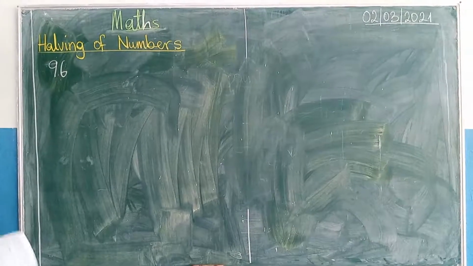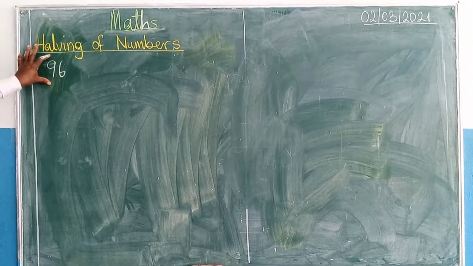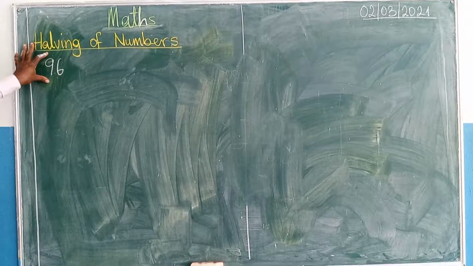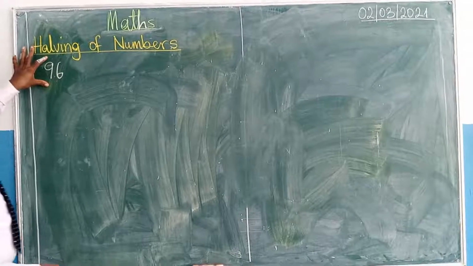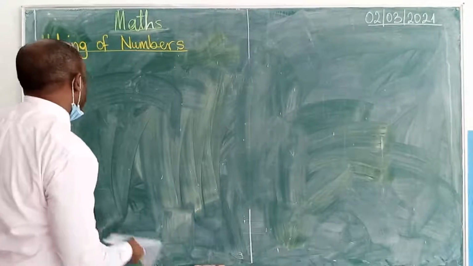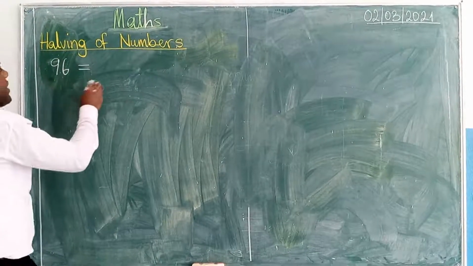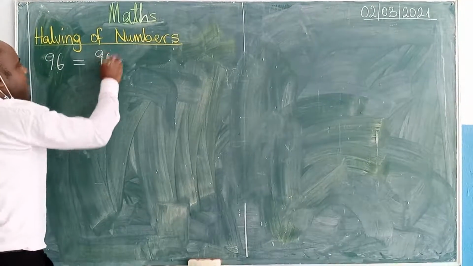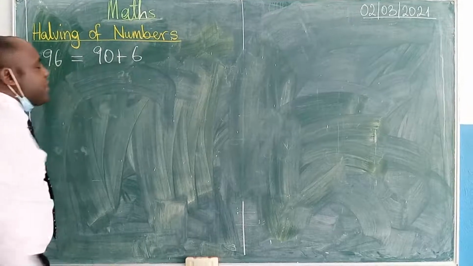We look at the nearest ten whole number that can come out from 96, and the nearest ten here is 90. So this 96 will be 90 plus 6.